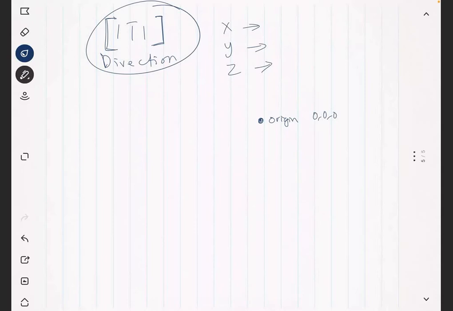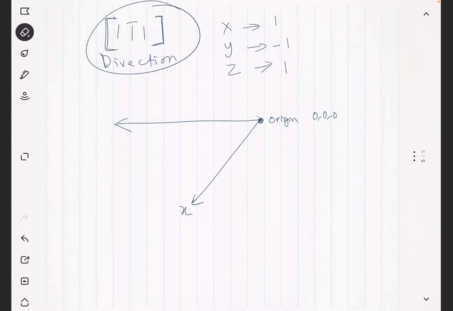Okay, x is 1, y is -1, and z is 1. So what you have to do, create your axis first. This is x as positive, y in negative direction, and z in positive direction.